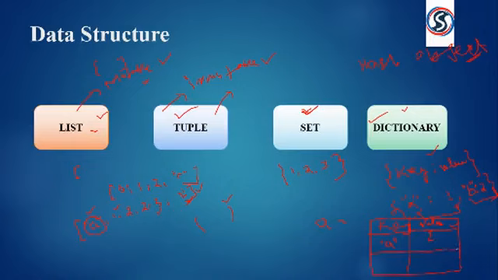In the same way we have another key, B, and the value is 2. So whatever elements we define in the dictionary data type are stored in a tabular format, in the form of key and value pairs. So this is all about list, tuple, set and dictionary.